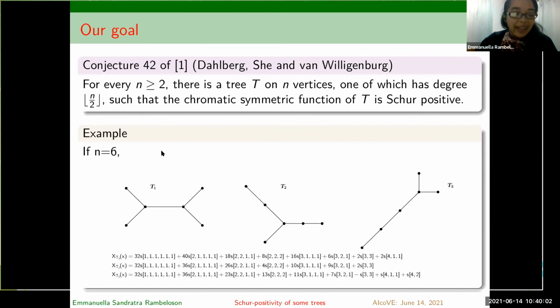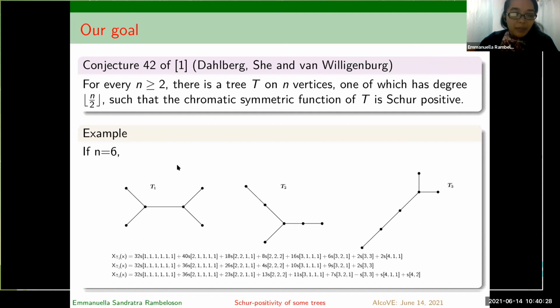If we take n equals 6, then among the trees on 6 vertices, we have only these 3 trees here that satisfy the condition that we need here, which means that in these 3 trees, there must be a vertex that has degree floor of n over 2, which is 3 here, since n is 6.